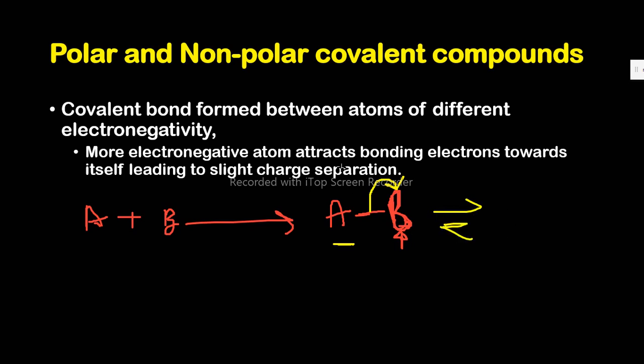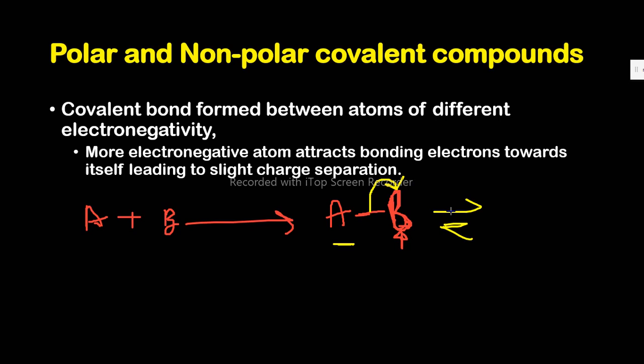The compound that is formed will have an unequal distribution of the bonding electrons between the two atoms, such that the electron crowd will be more on B than on A, because B has attracted the electrons towards itself.